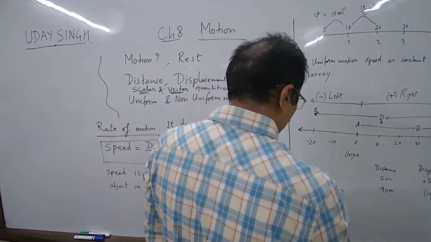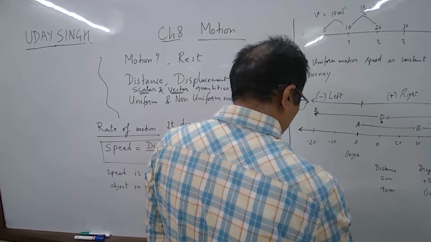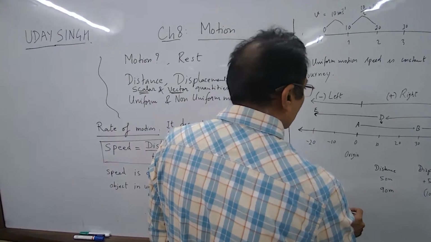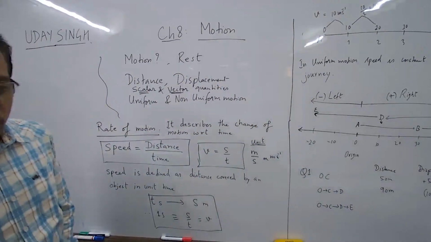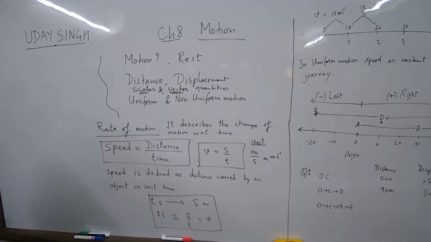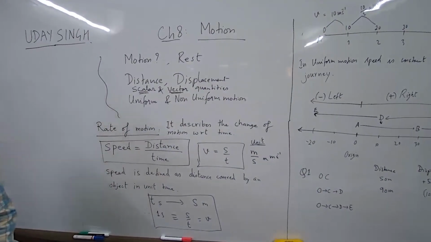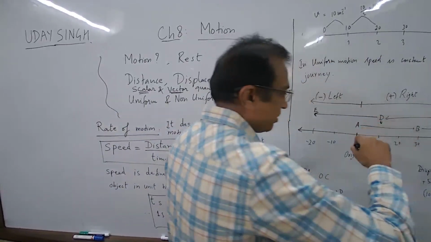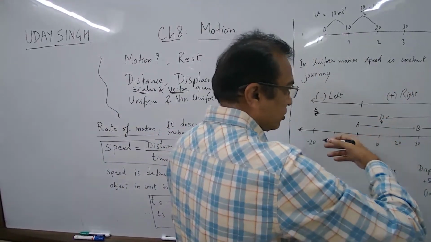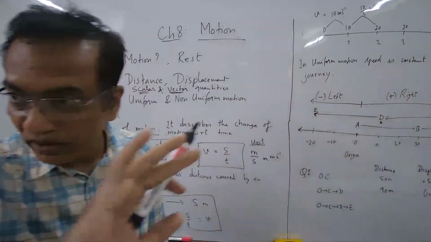Now the last part, to E. For this full path, tell me what is the distance, what is the displacement? 130 is the distance. Distance is immaterial of direction; you have to go on adding the actual path length.